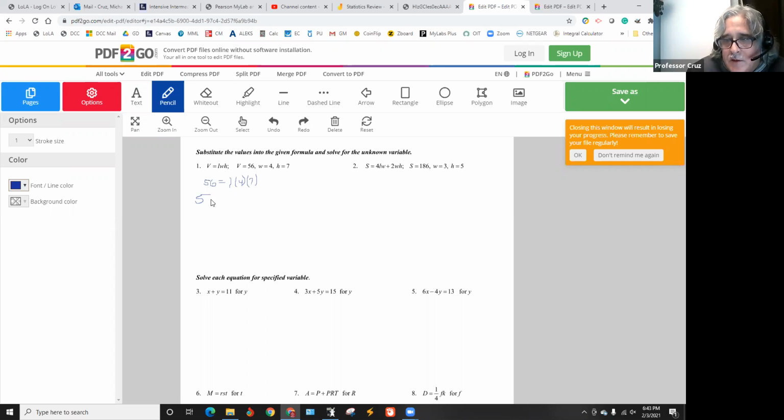So 56 is equal to 28L. And then if you want to, you can turn it around. Did anybody get anything yet? I do believe this comes out to 2. Yes, it does.